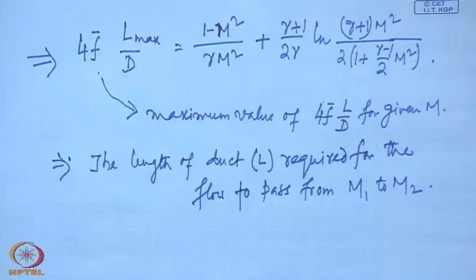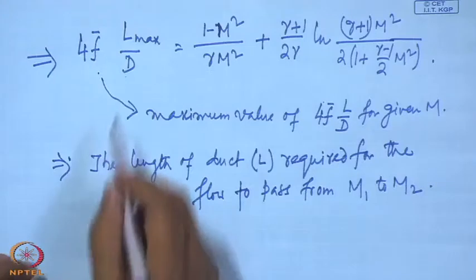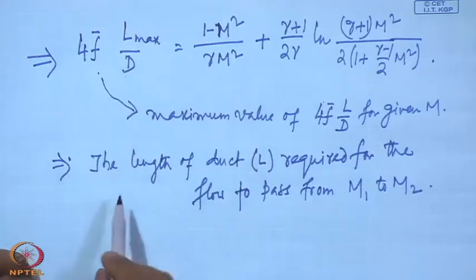That is, if we have at a certain section flow Mach number as M1, then what will be the length for the flow Mach number to be M2, that can be obtained using this relationship.